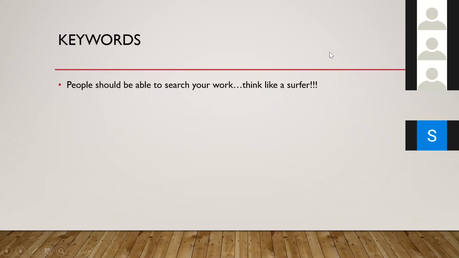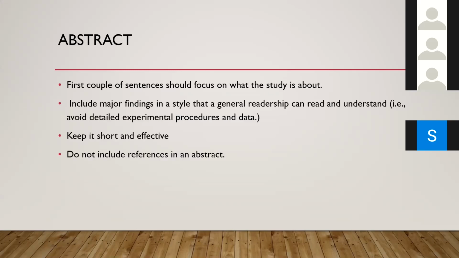Coming to the next thing, keyword: that I've told you, you have to think yourself, you have to put yourself into the shoes of a surfer and think what will be the keyword he will type with which my paper will open. Number 3, abstract. It is short, generally 200 to 250 words. Okay, an abstract does not include references. This is something which is very important.